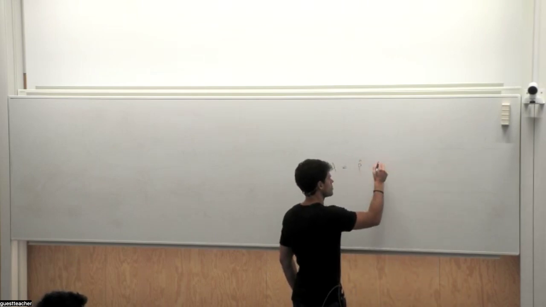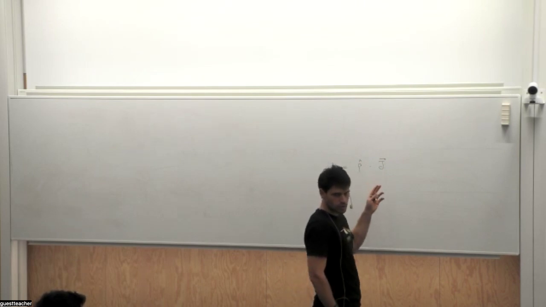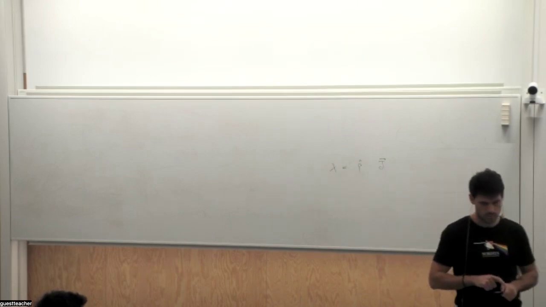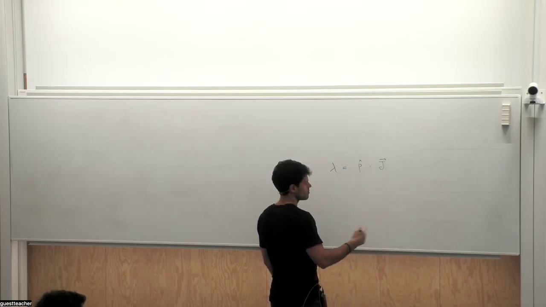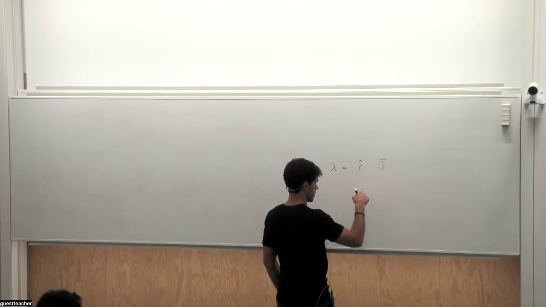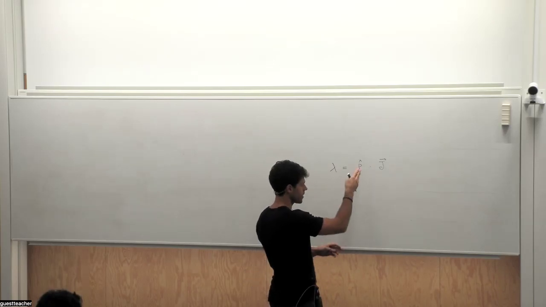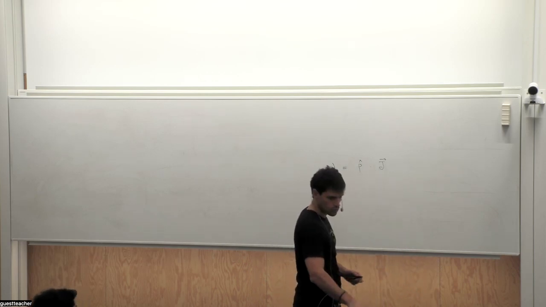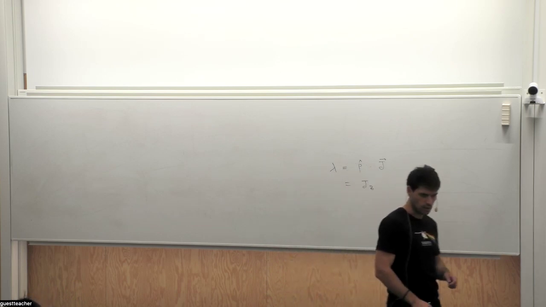The thing is that the helicity will be the projection of the angular momentum along the direction of the momentum p. For instance, if we have some momentum that points toward the z direction, you just select the z component of this angular momentum.